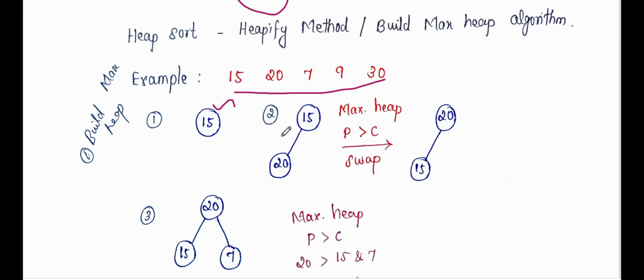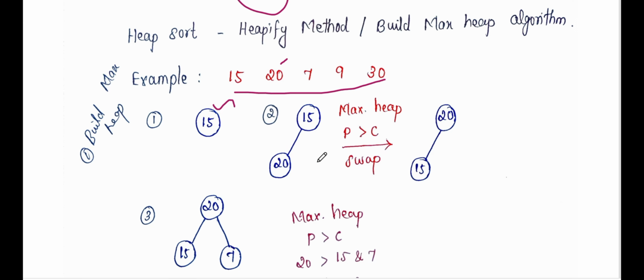In the second step, what is the second element? 20 is the second element. What is the procedure? We insert the element in the left side of the parent node first, and only then insert the element on the right side. So 15 is the parent node, and we insert the second element as the left child of the parent node.